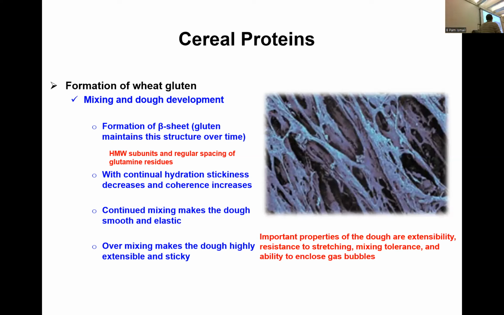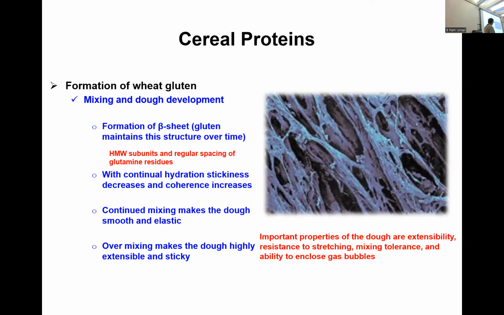Yeah, so properties of the dough is, it has to be extensible, but also you want to have some resistance to stretching, so that you have some tolerance of the dough. So that's why you need kind of balanced viscoelastic properties and ability to hold gas.